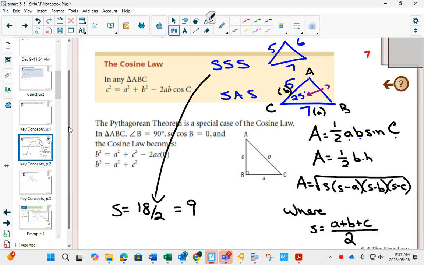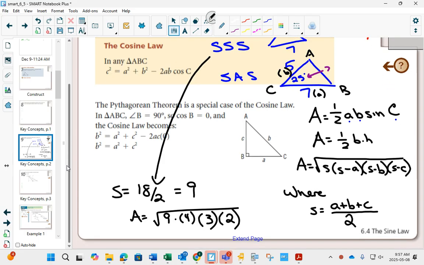And apparently, if this formula is correct, the area of that triangle is 9 times 9 minus one of the sides, 4, 9 minus the other side, 3, 9 minus the other side, 2, and the area of that triangle is the square root of 36, 72, 260, apparently.